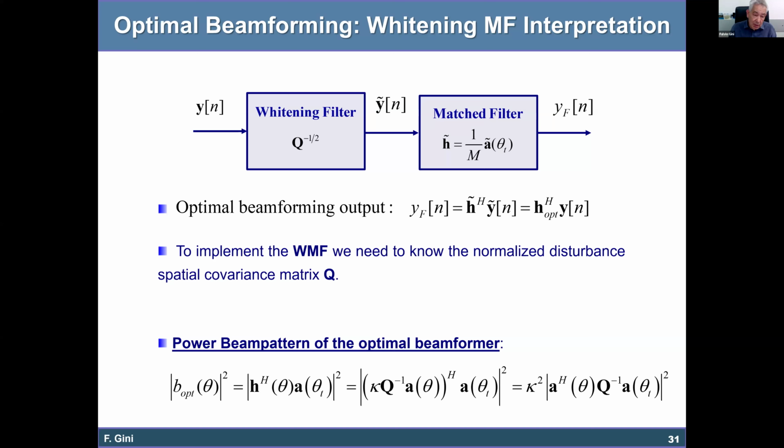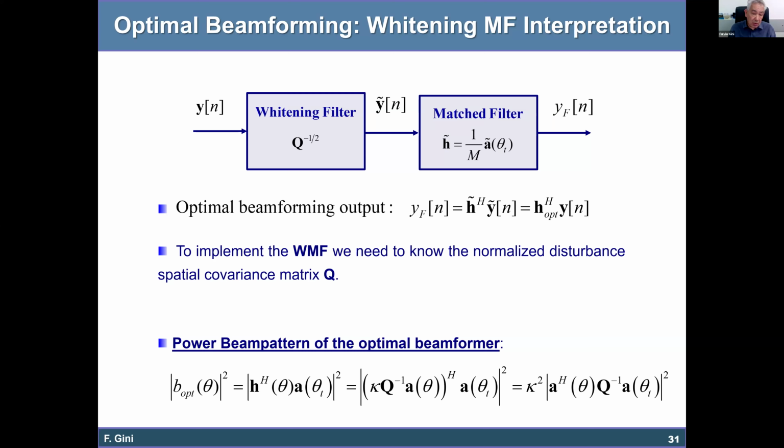But what is important to understand is that the optimal clairvoyant beamformer is different from the classical beamformer. Why? Because the classical beamformer is just a matched filter. But this is optimal only if the disturbance is white. If the disturbance is not white, the optimal thing to do is first whiten the data and then do matched filtering.